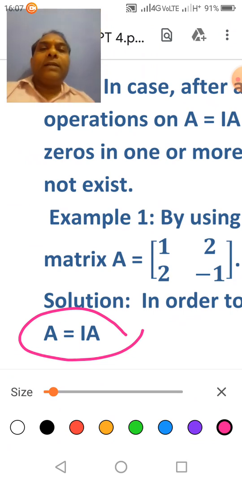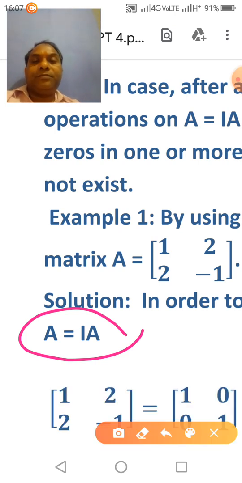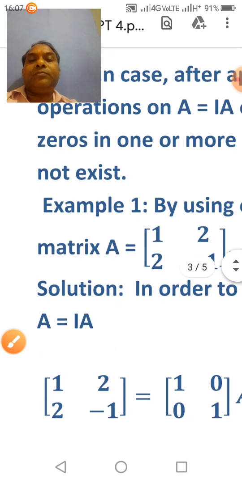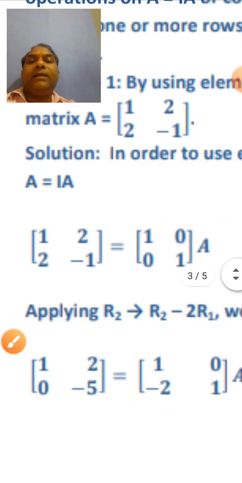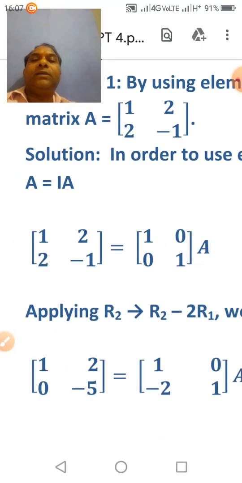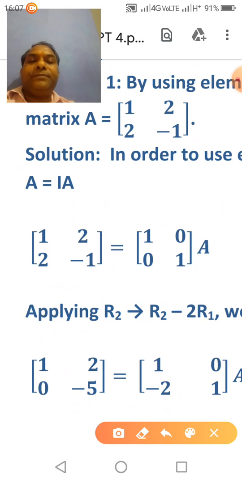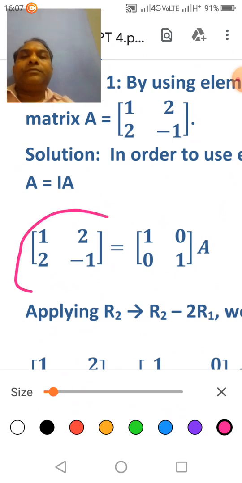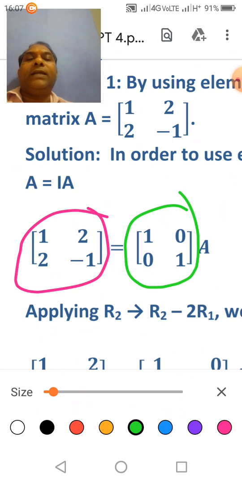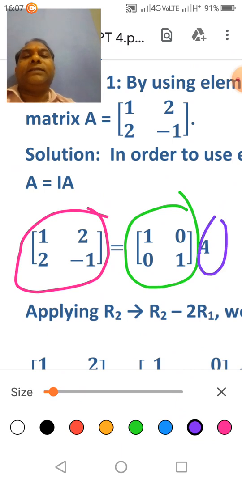You have to remember, when we use row elementary operation, then we have to write A is equal to IA. Now write A, and I means identity matrix, you have to write here, and write A as it is. Clear?